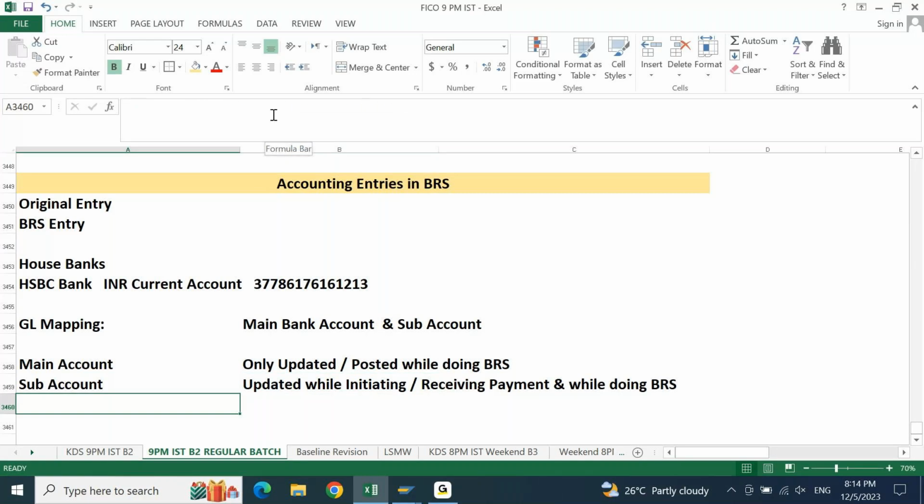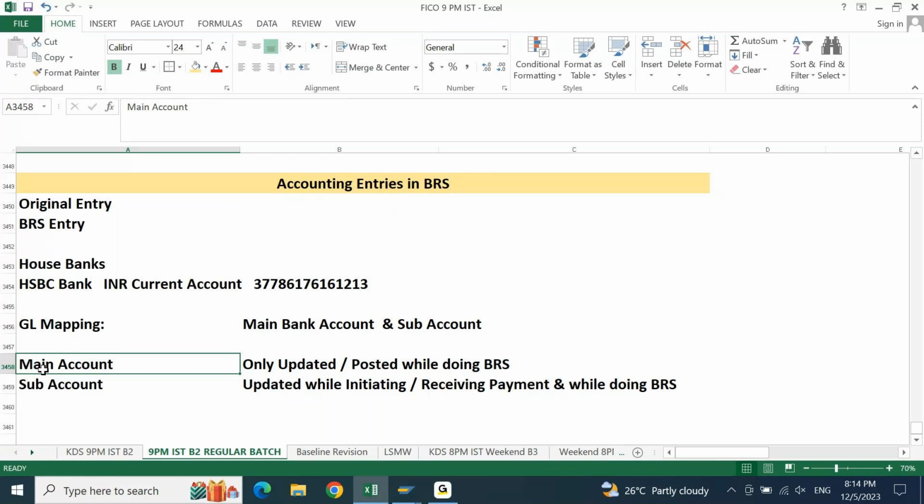Your main account is updated only while doing BRS. In short, if you are not doing BRS, there is no work with main bank account. Your main account is not updated if there is no BRS. When there is BRS, your main account is updated. But apart from BRS, your sub account is updated whenever you are initiating the payment or whenever you are receiving the payment. Whenever payment is made, whenever payment is received, your entry will be recorded in sub account.